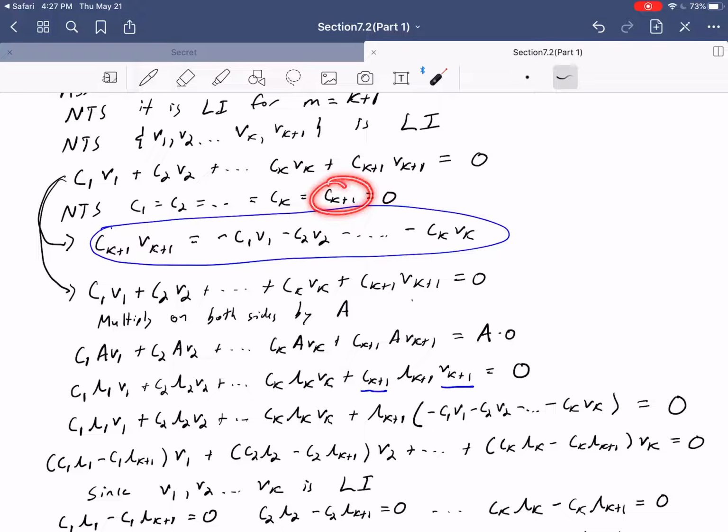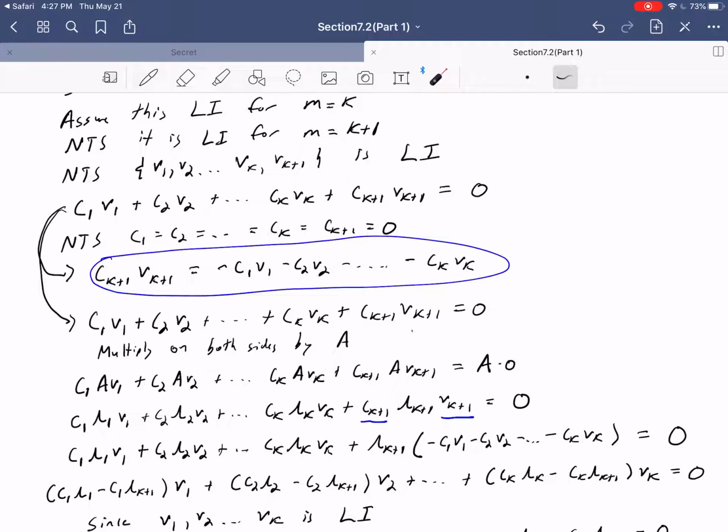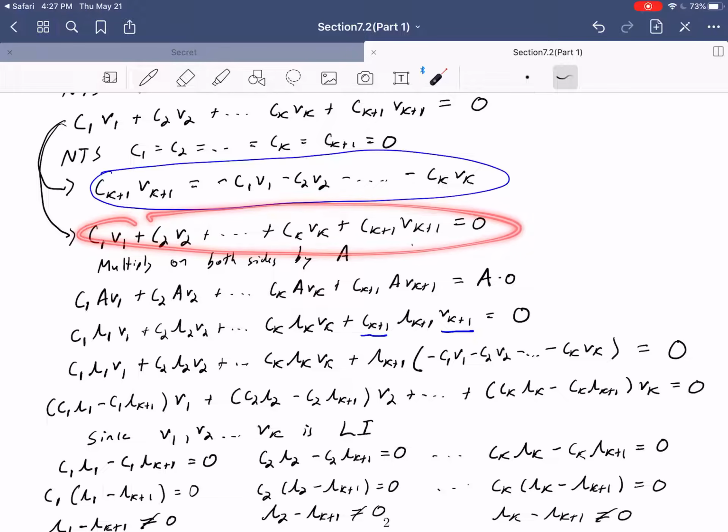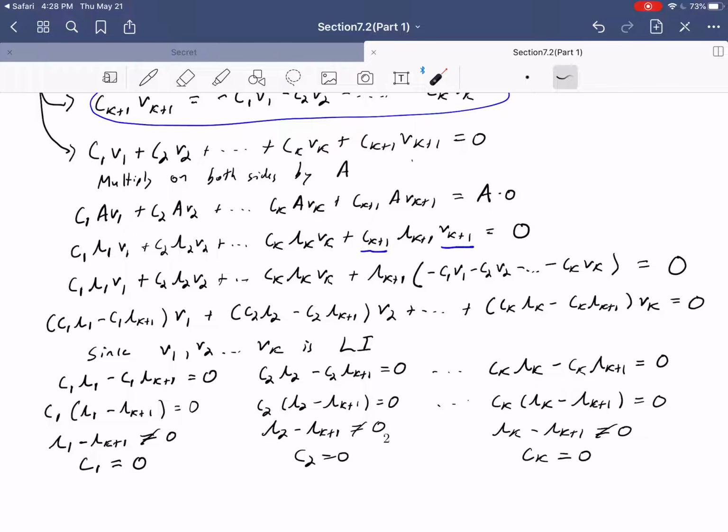So we still need to show why ck plus 1 is equal to 0. But let's think about that. If we look at our equation right here, we've just found out that all of these are equal to 0. So if this is going to be equal to 0, well, we know that vk plus 1 is not 0 because we don't look at zeros as eigenvectors. So that means that ck plus 1 must also be 0.